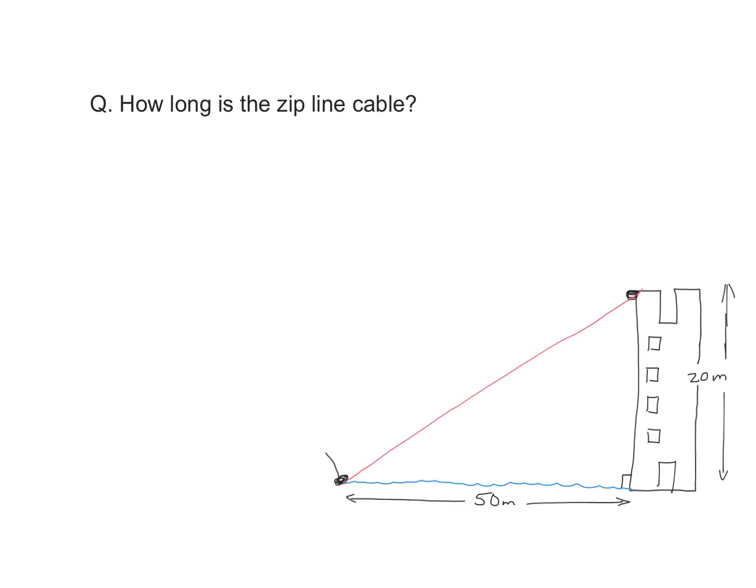Alright, well, I've shrunk my picture down a little bit, but you should have Pythagoras' theorem, c squared equals a squared plus b squared, and I'm looking for my hypotenuse, so obviously it's going to be c squared.